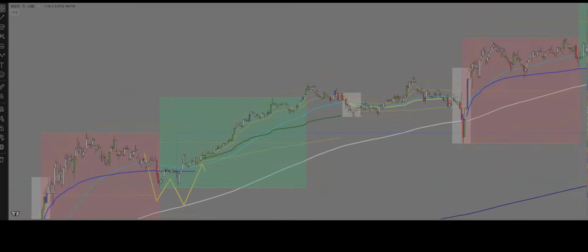It literally says the core belief behind ICT is price moves where liquidity rests, not where volume is traded. That's interesting. Cool. See? Learn that real fast. I like volume because I can see it.